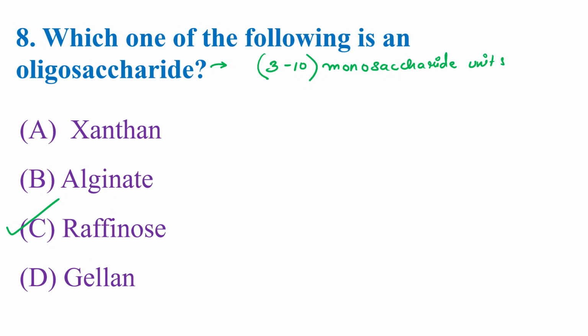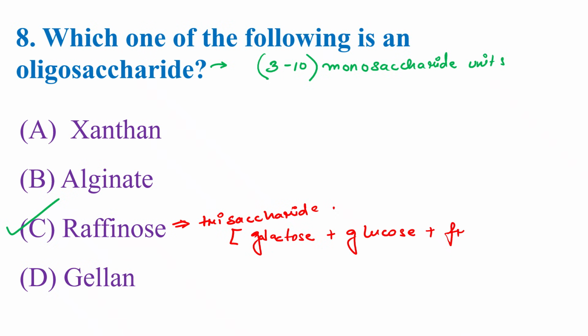So basically raffinose, it is a trisaccharide. Trisaccharide means 3 units. What are the 3 units? Galactose, glucose and fructose. So these 3 will make an oligosaccharide, that is a trisaccharide.